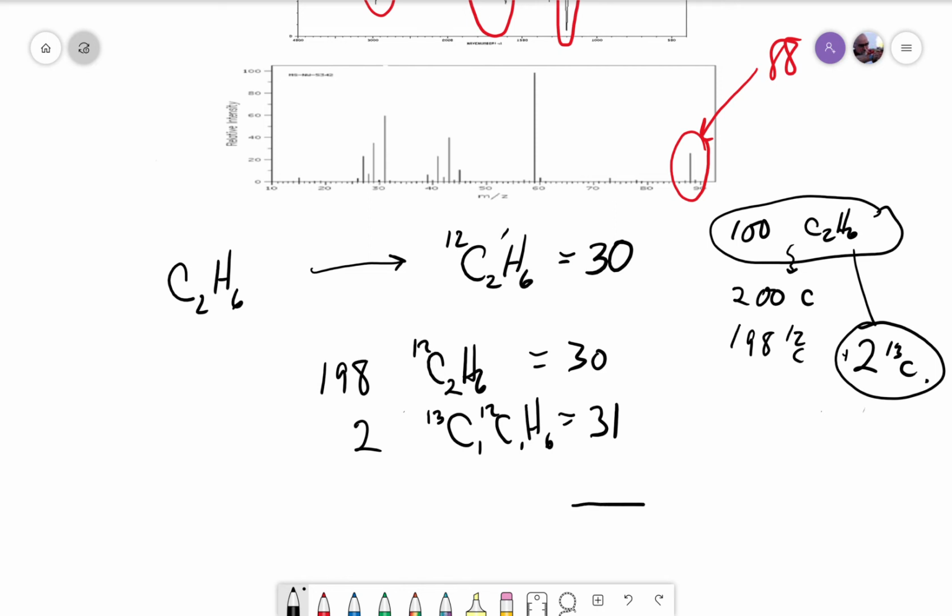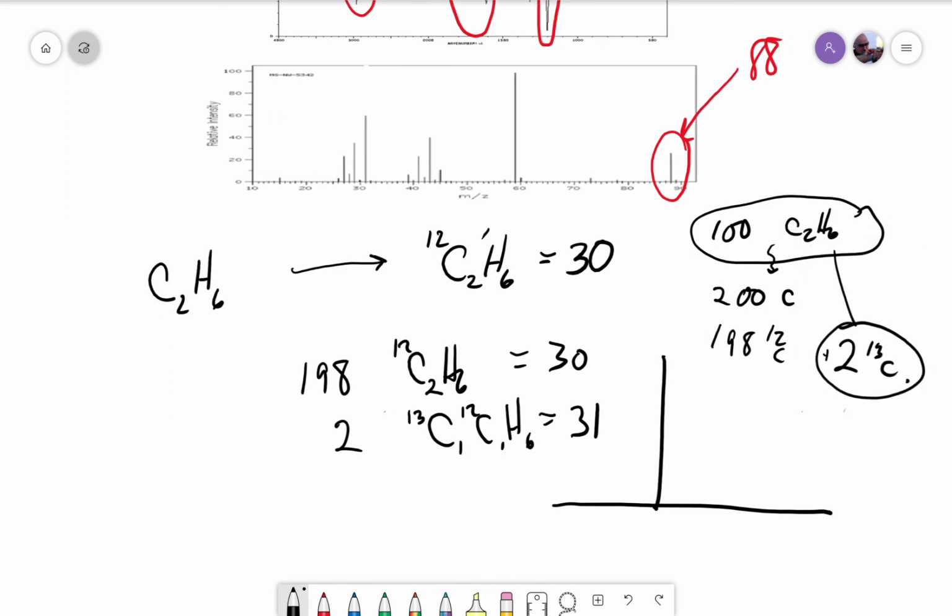If we looked at the mass spectrum then, we would see a peak representing those molecules of ethane that have just the carbon 12s at 30, and we'd see a little peak at 31, which would be 2 out of every 100 molecules.